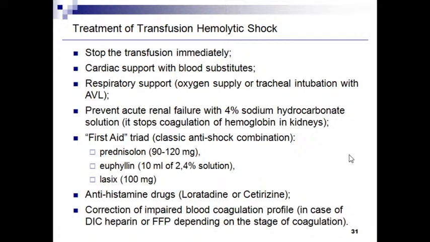Euphyline is a drug for relaxation of smooth muscles. We can use euphyline for improving of lung circulation and for improving of ventilation of small bronchi of the patient to prevent bronchial obstruction. And last part of the triad is Lasix. Lasix is a diuretic.